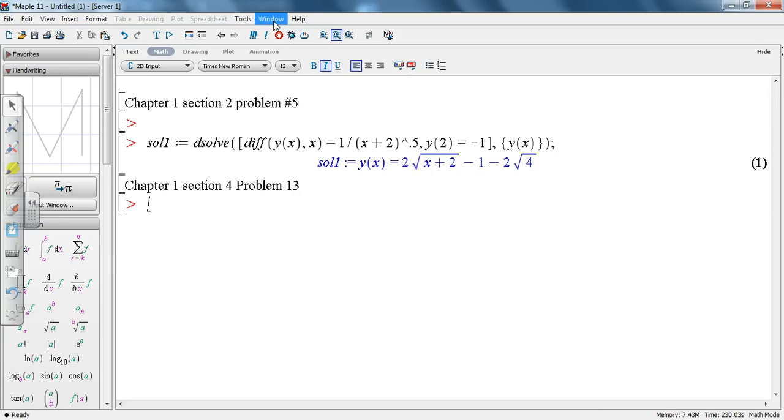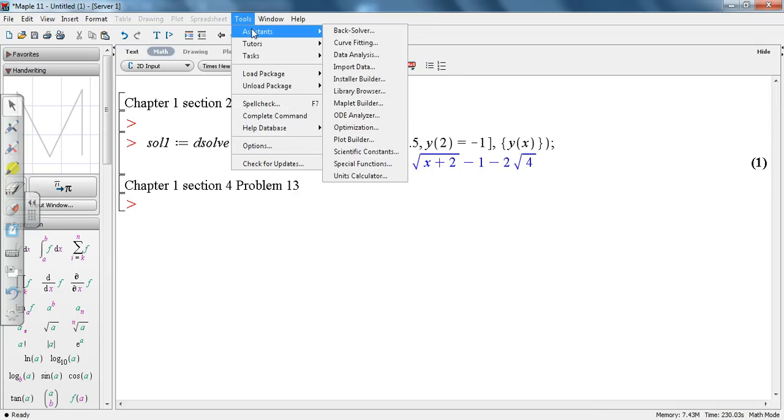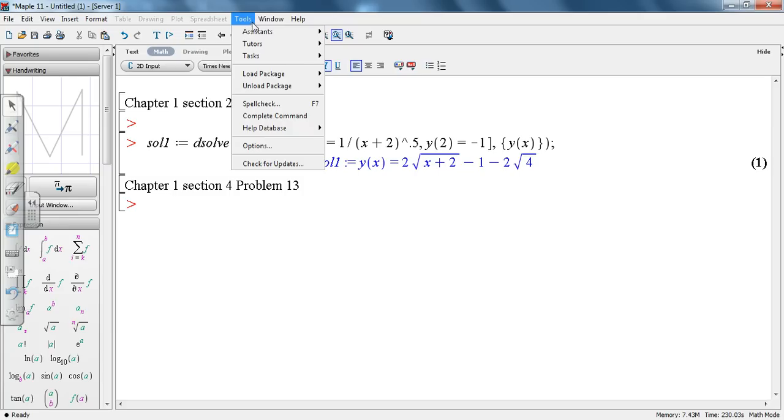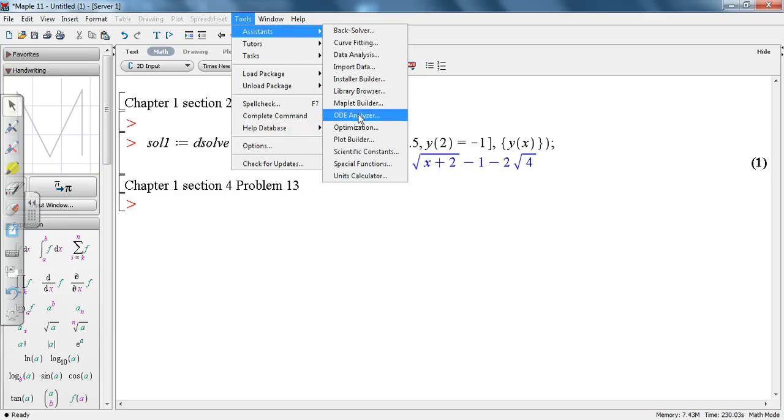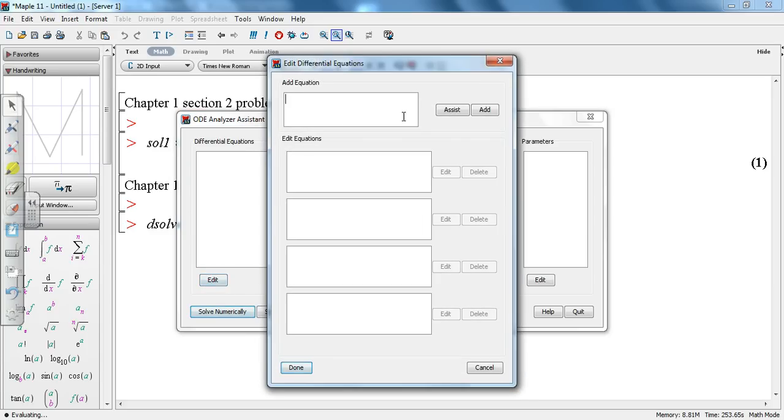And we're going to do the same thing. We're going to go to Tools, Assistant, Ordinary Differential Equation Solver. Got to edit the differential equation. Okay.